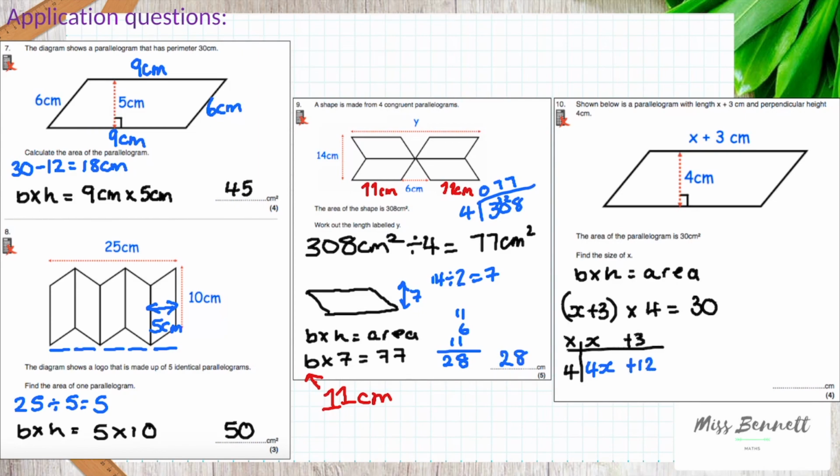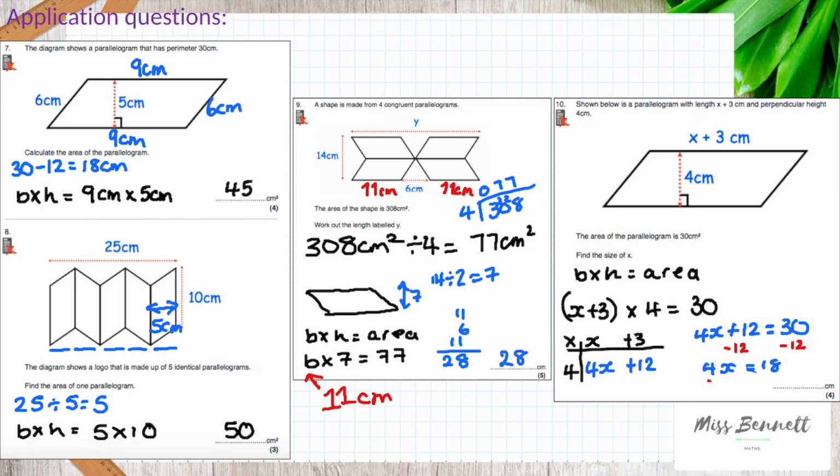So now I can change this into 4x plus 12 equals 30. Now to solve the equation. I want to make sure that x is on its own. So if I want to make x on its own, first of all I need to take 12 from both sides. That leaves me with 4x on the left and 18 on the right.